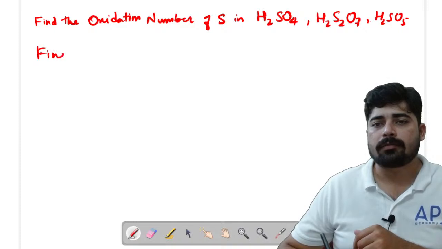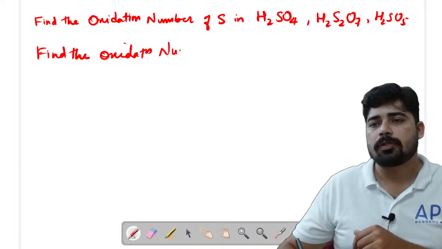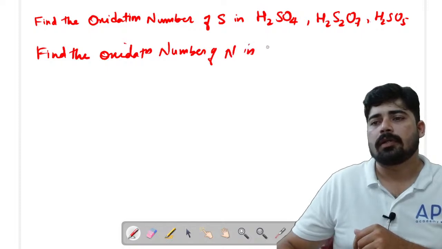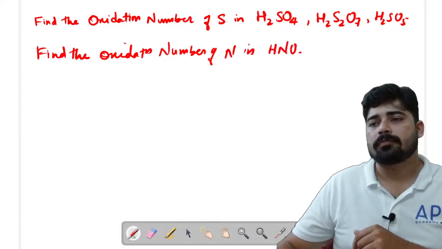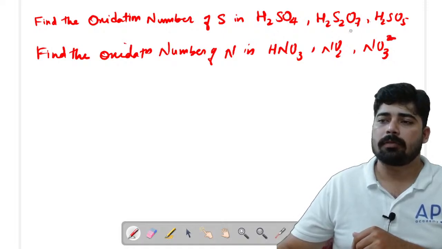Find the oxidation number of nitrogen in HNO3, NO2, NO3 2 minus, NO3 minus.